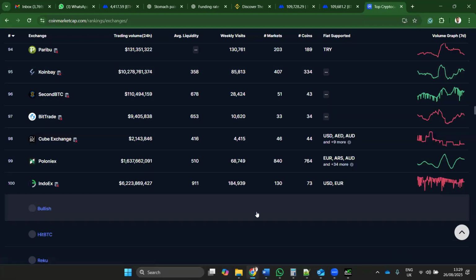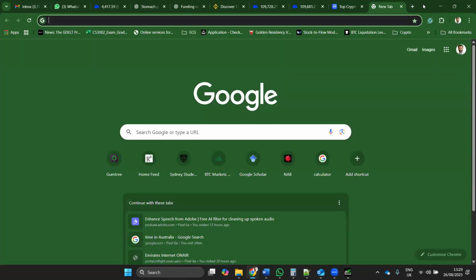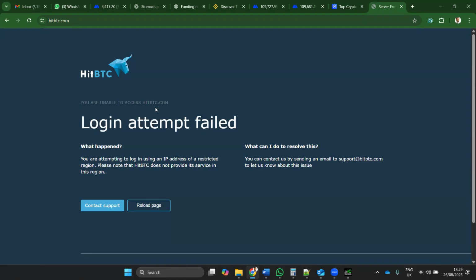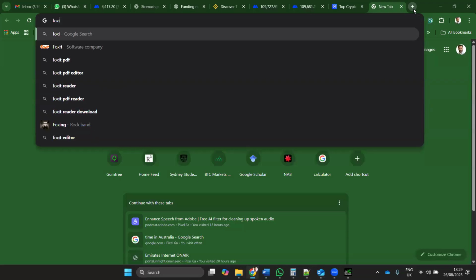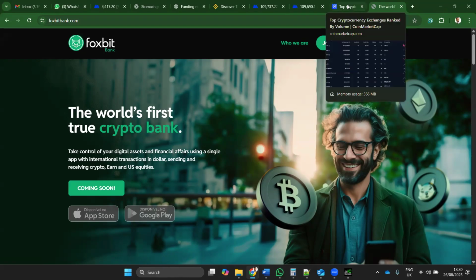Okay, try any other. HitBTC. It was HitBTC. Let's try HitBTC. Yeah, I don't know why. Fox bit, coming soon. Okay. It doesn't even seem to load yet.